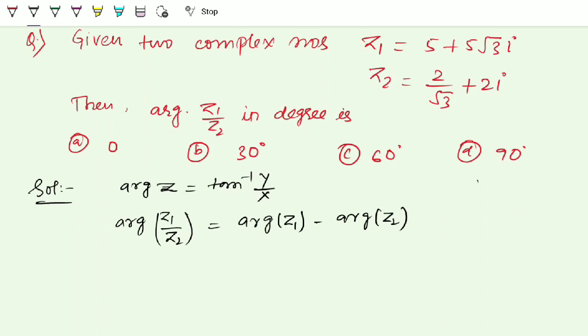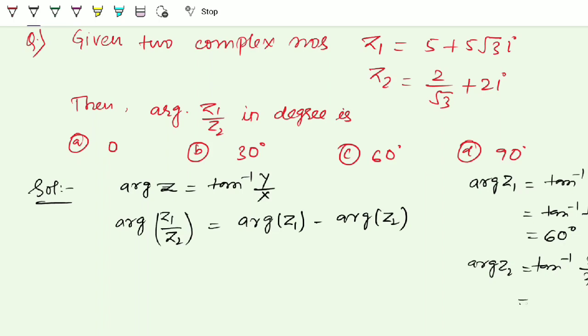So separately we'll be calculating argument of Z1 will be equal to tan inverse 5 root 3 by 5. It will be equal to tan inverse root 3, that is 60 degree. Argument of Z2 will be equal to tan inverse 2 divided by 2 by root 3. It also will be equal to tan inverse root 3, that is 60 degree.